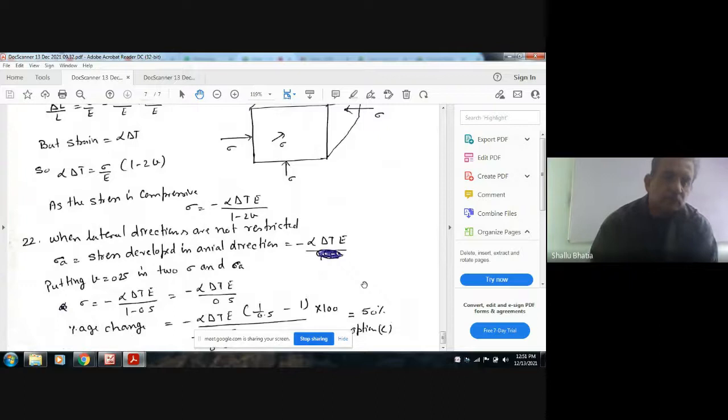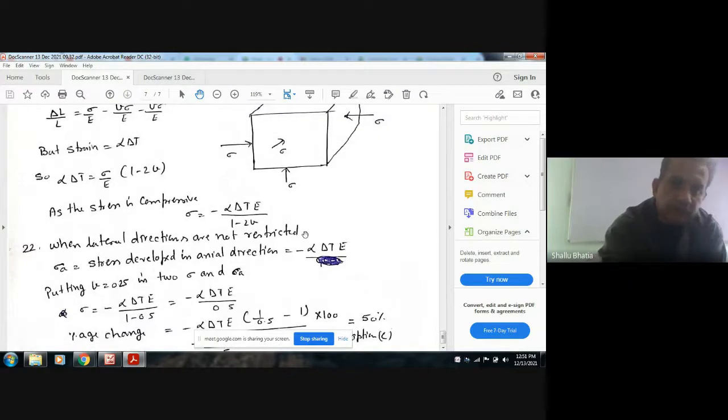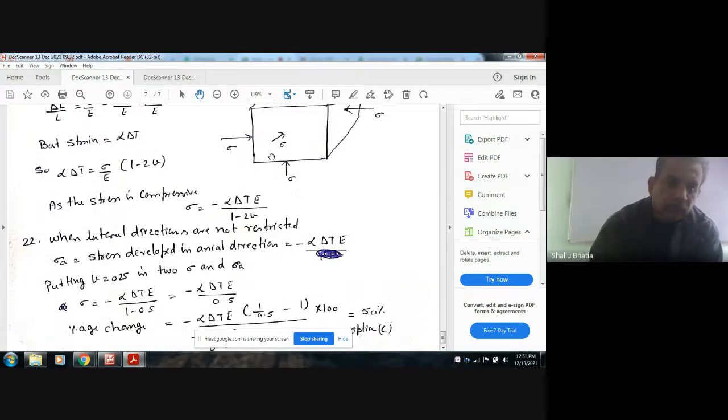So the stress will be only in one direction, and this will be equal to minus alpha delta T E. In the previous condition, the stress is minus alpha delta T E by 1 minus 2 mu. Now putting the value of mu as 0.25, we can get this, and the axial stress is this.